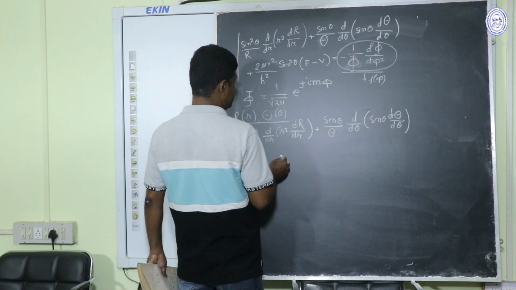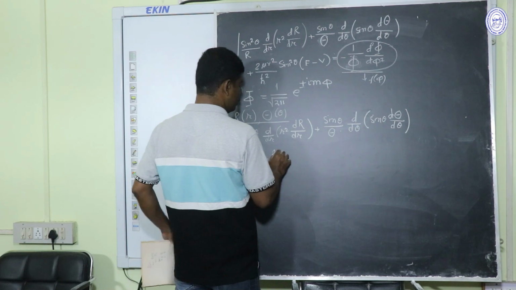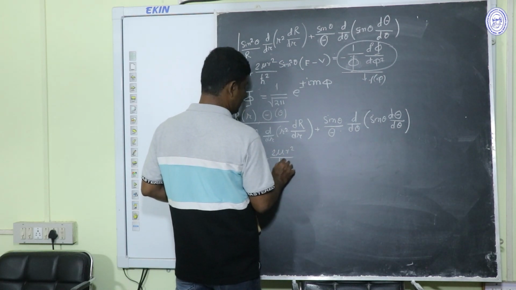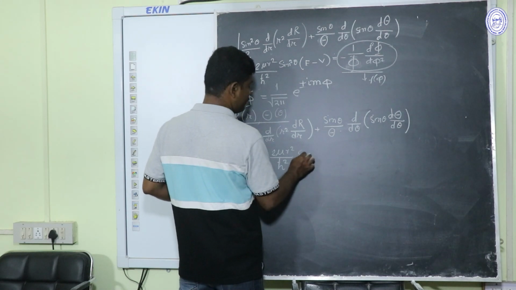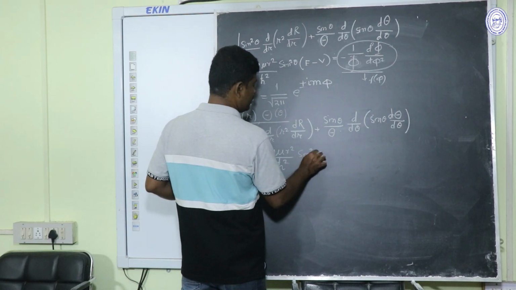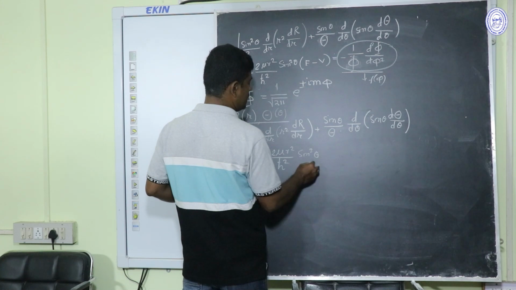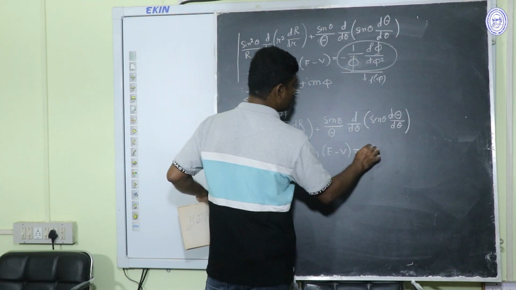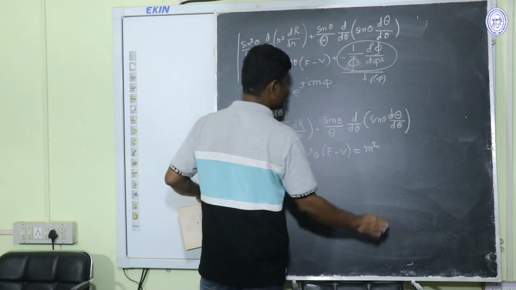Capital theta by d theta plus 2 mu r square by h cot square sin square theta (E minus V) equal to m square.